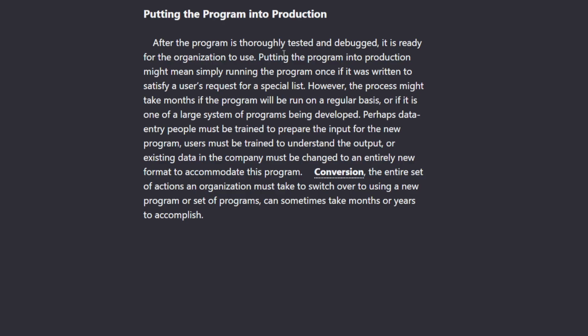Users must be trained to understand the output, or existing data in the company must be changed to an entirely new format to accommodate the program. Keyword: conversion, or the entire set of actions an organization must take to switch over to use a new program or set of programs, can sometimes take months or years to accomplish.